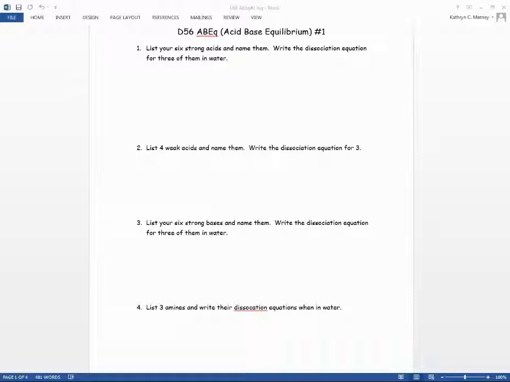HCl is called hydrochloric acid because it's made with chloride. HBr is called hydrobromic acid because it's made with bromide. HI is called hydroiodic acid because it's made with iodide.